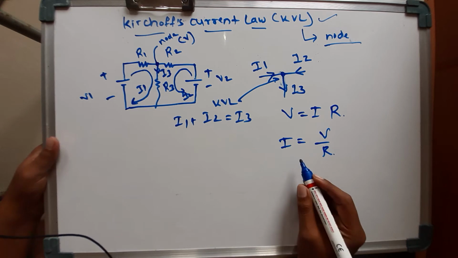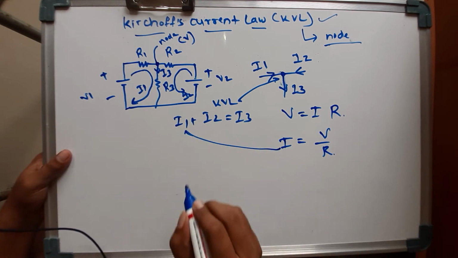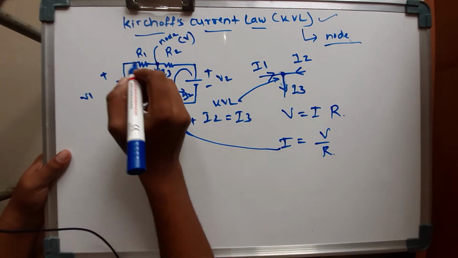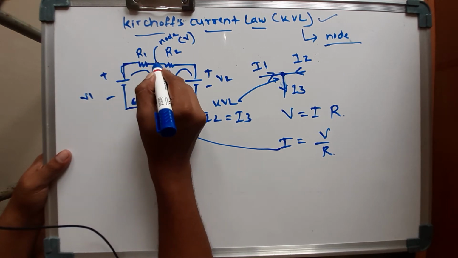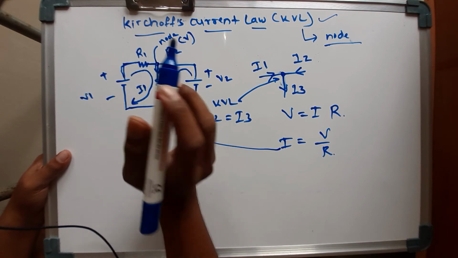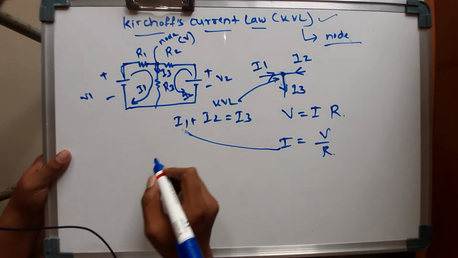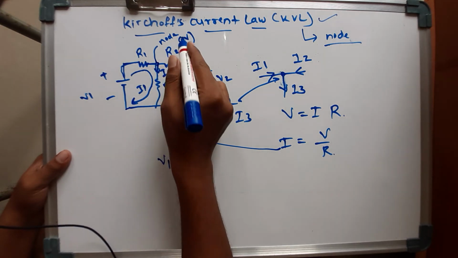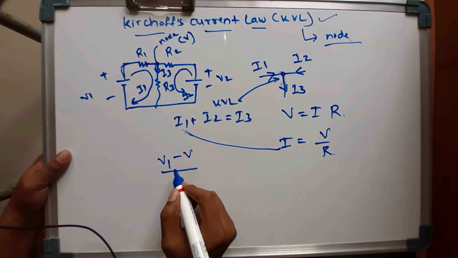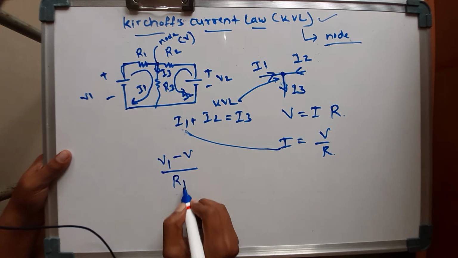So here we will put it. I1 will be coming from V1 and leaving at V. So for I1, the starting voltage is V1 minus the leaving voltage V, divided by the value of resistance R1.